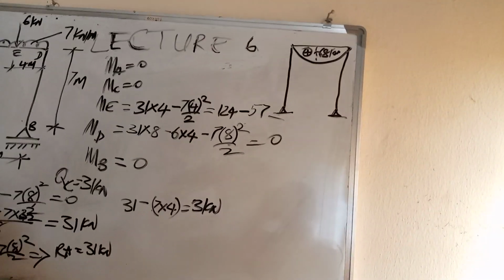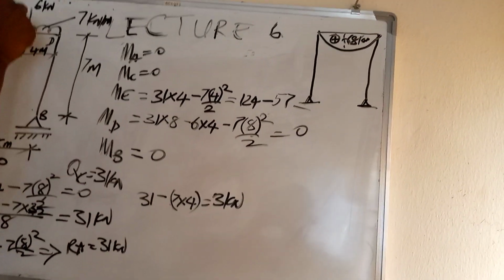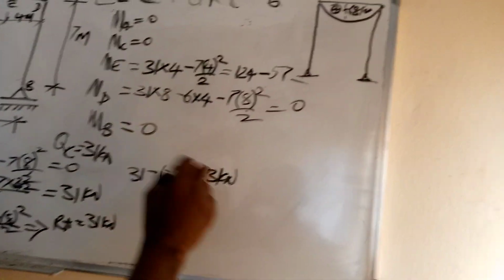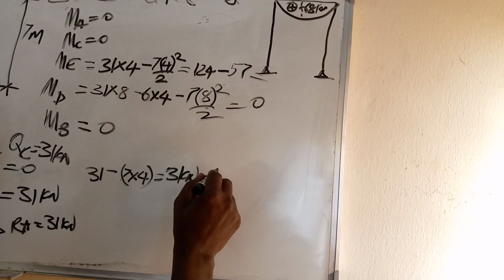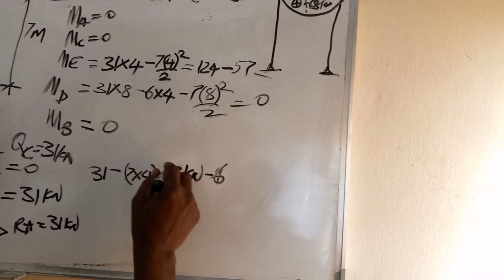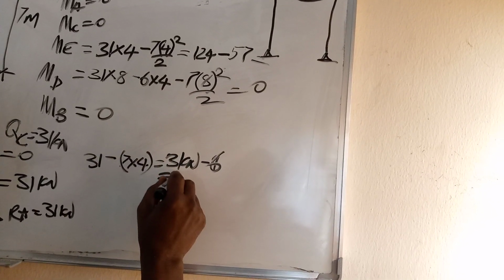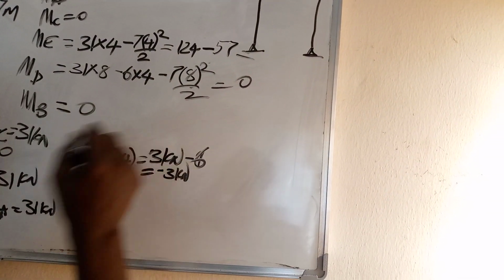Still positive at this point. Then minus 6, which is minus 3 kilonewton.